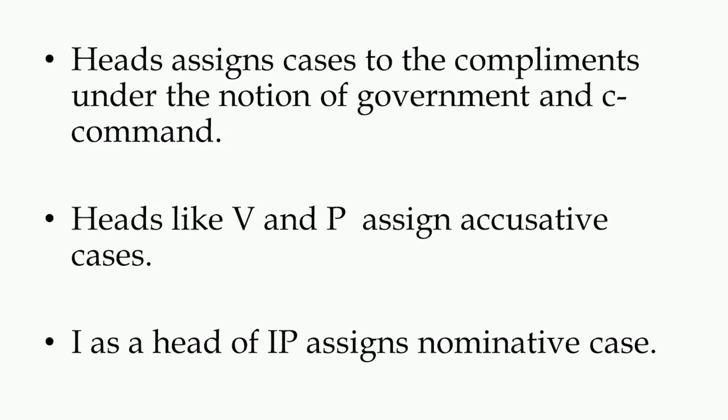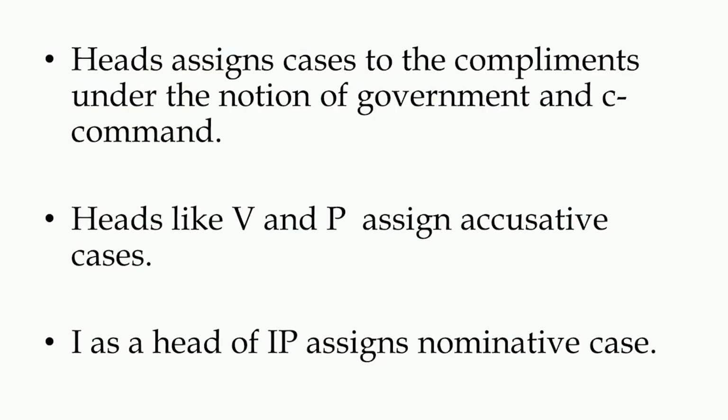So we know, and the theory tells us, the understanding of the structure of sentences with the idea of phrase structure tells us that heads assign cases to the complements under the notion of government and c-command, where V and P are heads and they assign cases to their complements. And I will show you how that actually works.